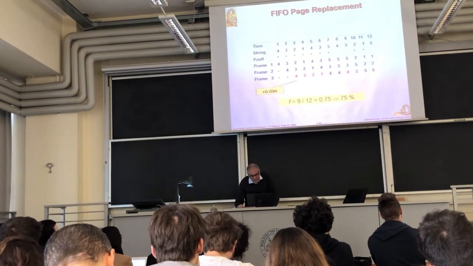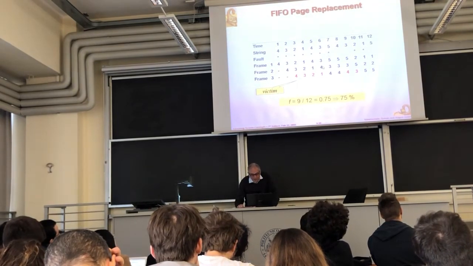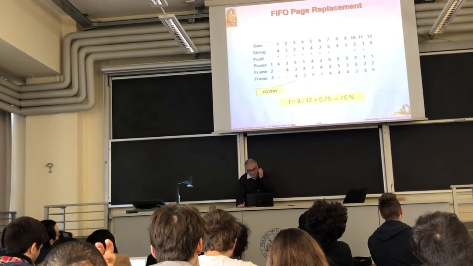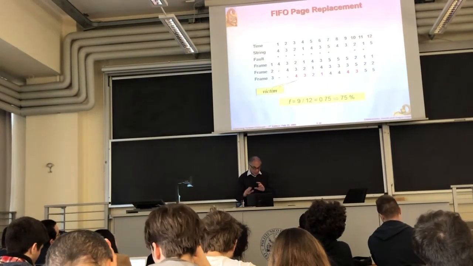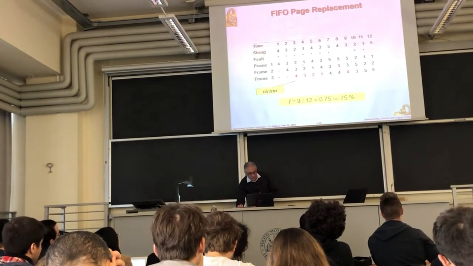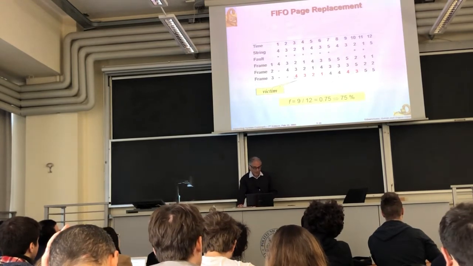There is another page fault, and for the next page fault, 2 is selected as victim. In this case, you see that the working set has changed; only page 4 is common.